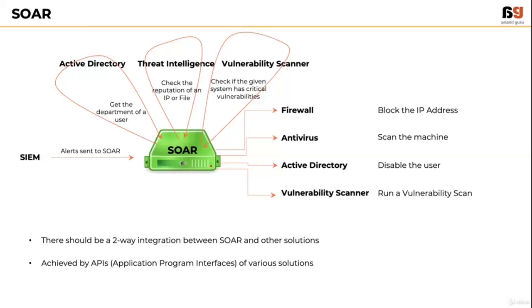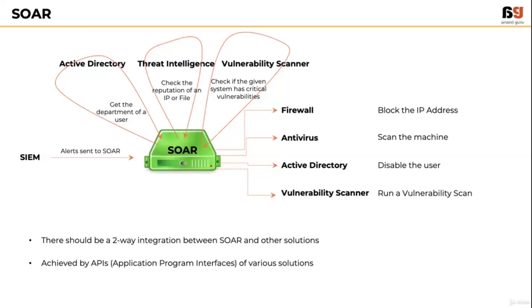There are some platforms that keep data of IP addresses and check whether these IP addresses are from a good or bad place, whether they have a history of bad activity. So there are some platforms like that.